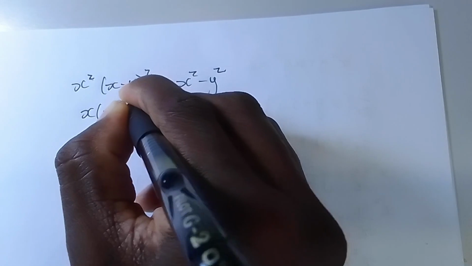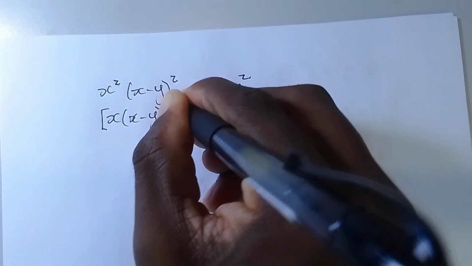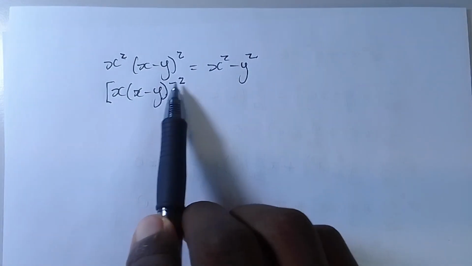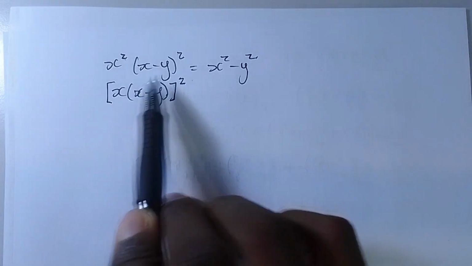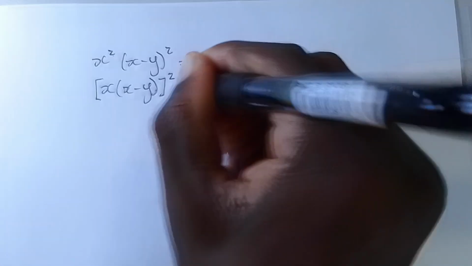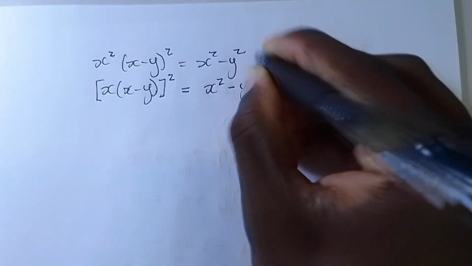x minus y all squared, right? Because if you were to remove the brackets, the squares would have to be distributed. I want to see how fun this way will be.